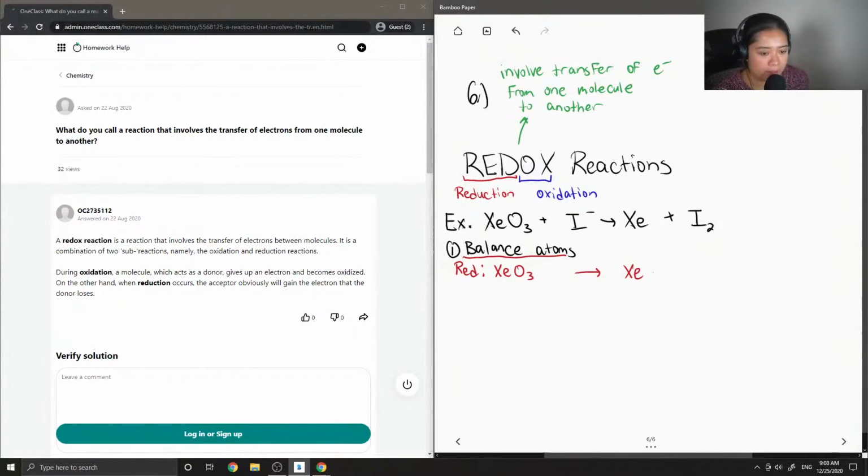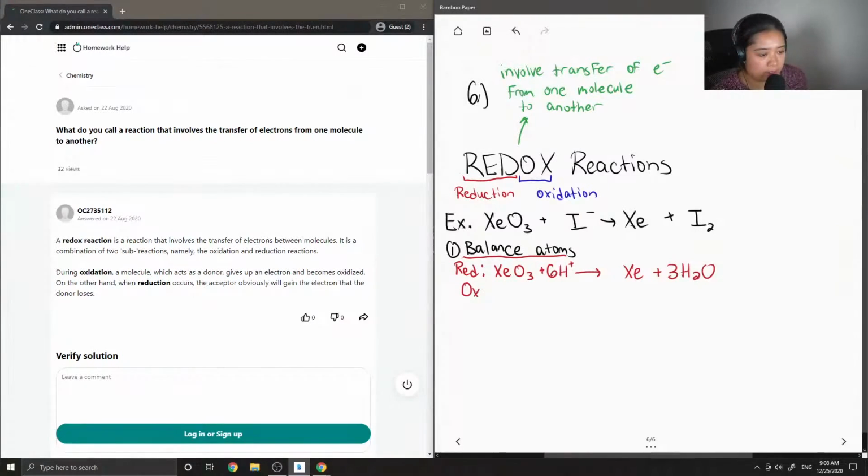So to add oxygens, I'm going to add 3 waters to my product side. And now I have 6 hydrogens in my product side that I need to put in my reactant side. So I'm going to put my 6 protons on my reactant side. Okay, so that's the reduction half reaction.